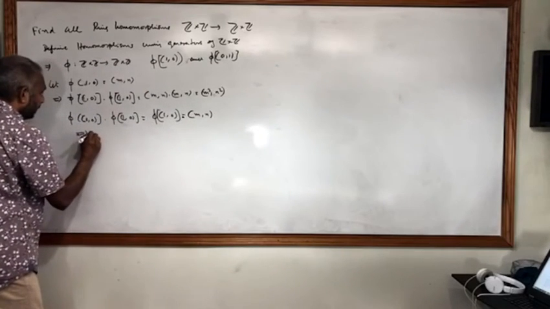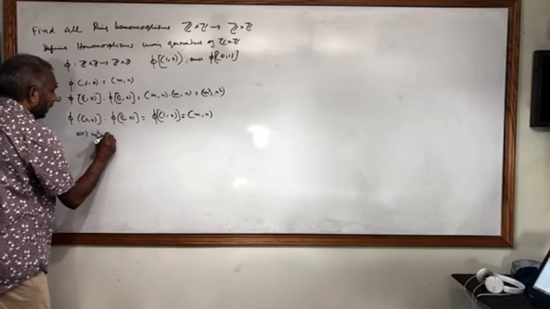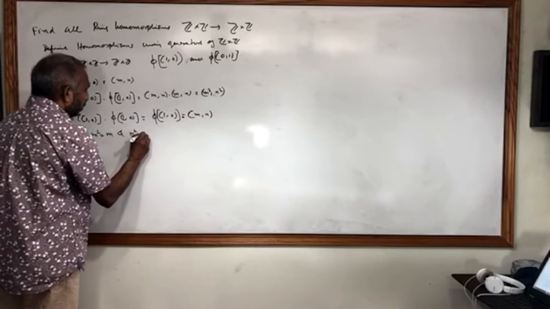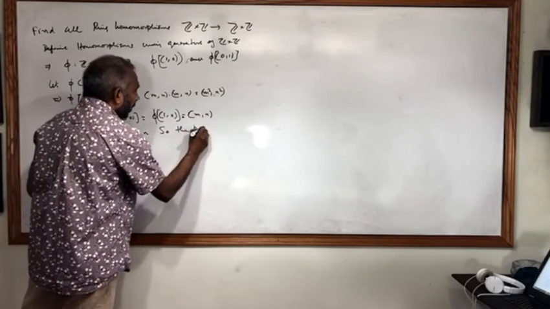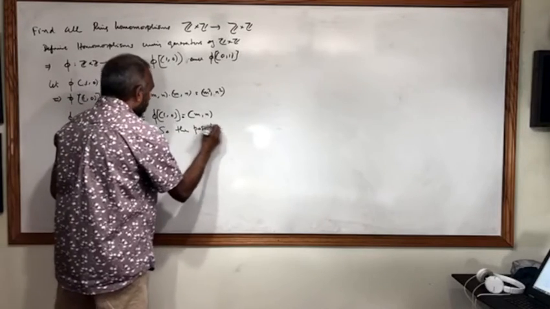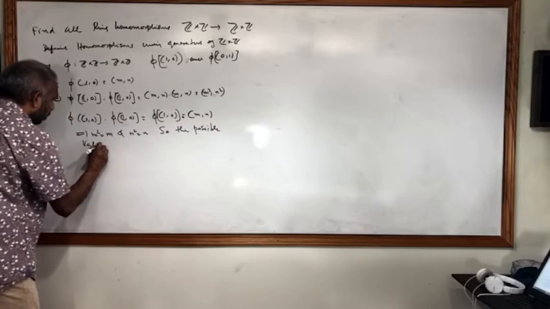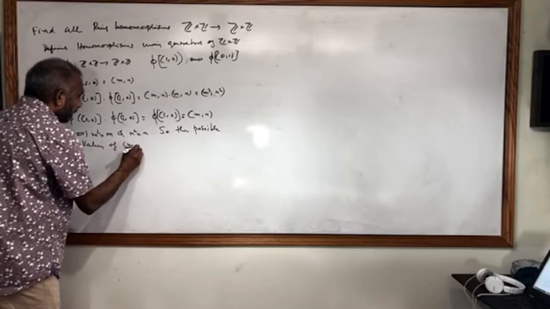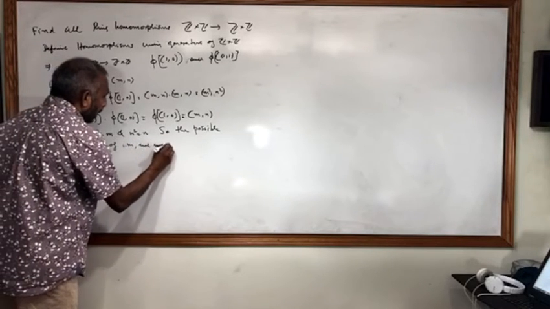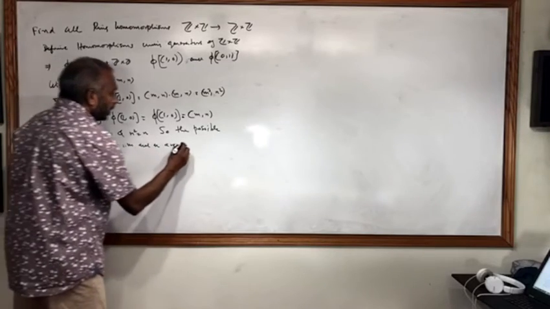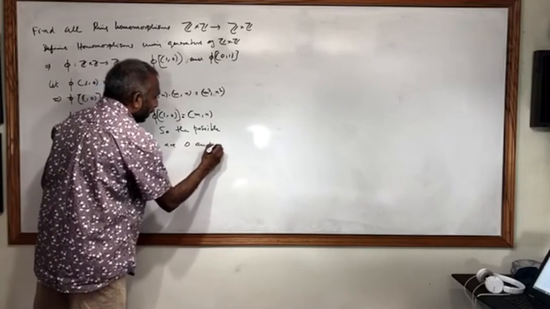That implies m square is equal to m and n square is equal to n. So the possible values of m and n are 0 and 1.